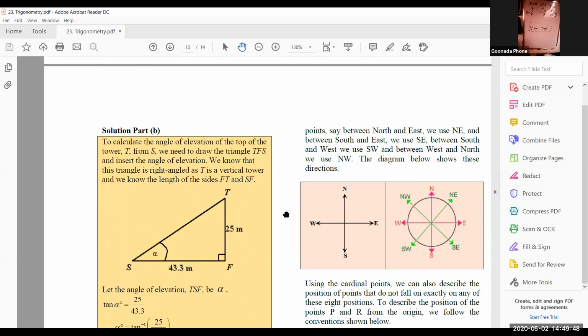Between south and east, we use SE, which is southeast. Between south and west, we use SW, which stands for southwest. And between west and north, we use NW, which stands for northwest. The diagram below shows these directions.